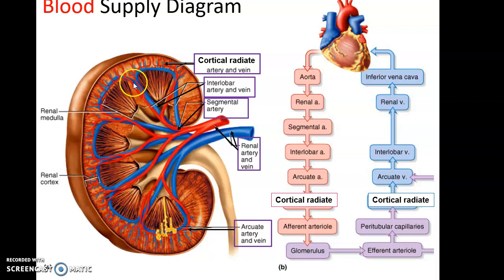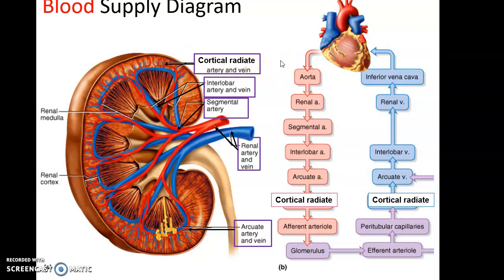Interlobar arteries then go over the top of the pyramid, where they're called arcuate arteries. And then the arcuate arteries branch up into the cortex, where they're called cortical radiate arteries. So again, renal artery, segmental artery, interlobar artery, arcuate artery, and cortical radiate arteries.